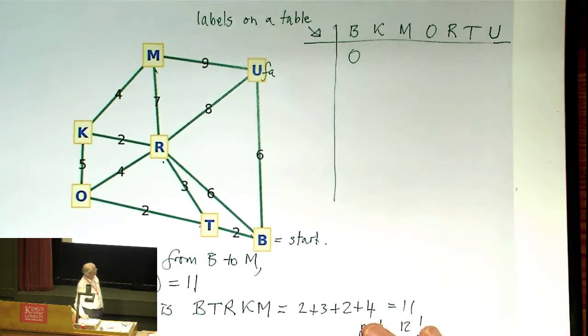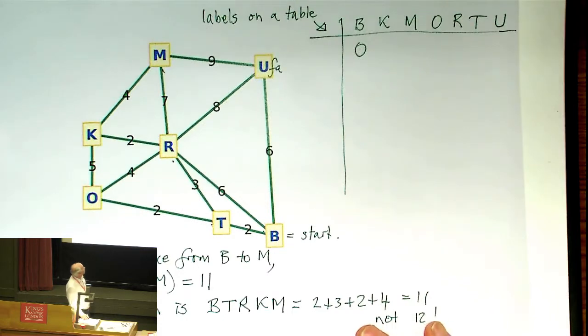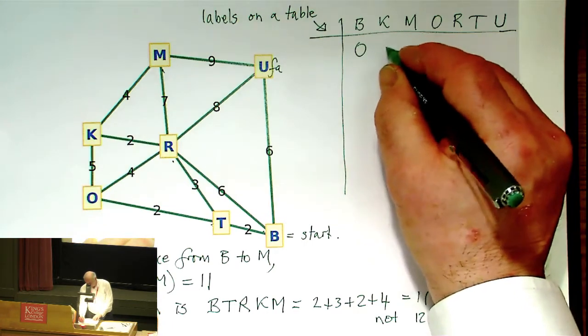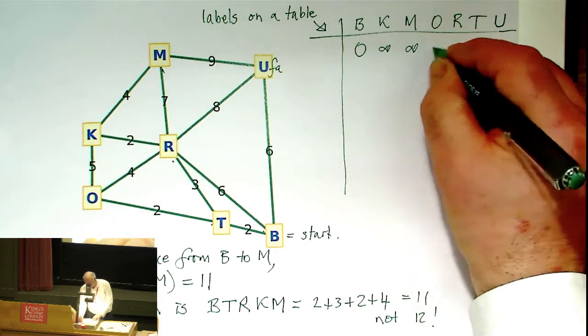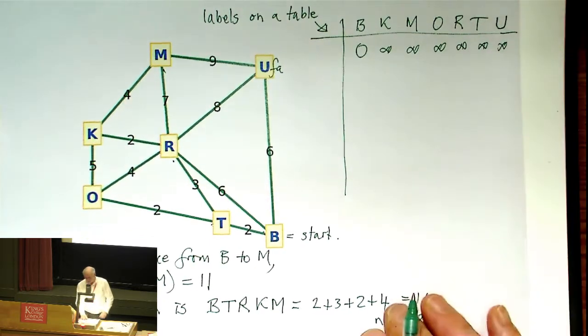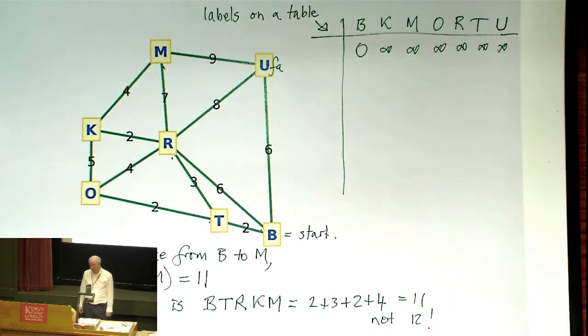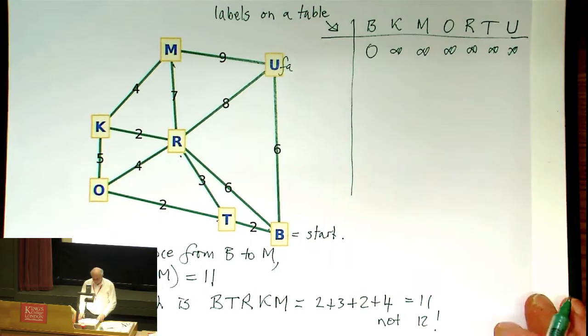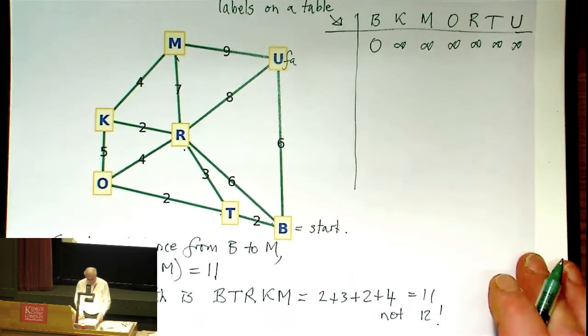Obviously the shortest distance from B to B is 0. Because we haven't scanned any vertices at this point, to make it systematic, we label all the other vertices with infinity because we haven't actually seen them. At this point we can't even get to them. So there's infinite distance from B to all the other vertices.